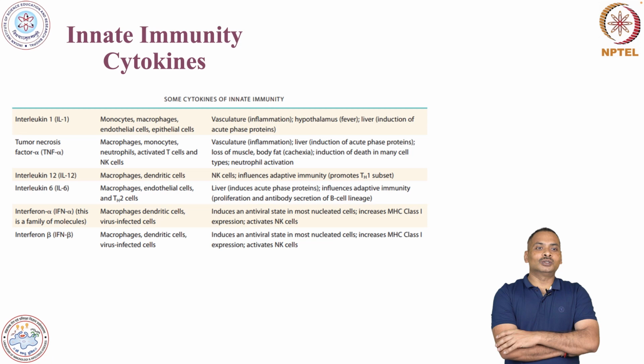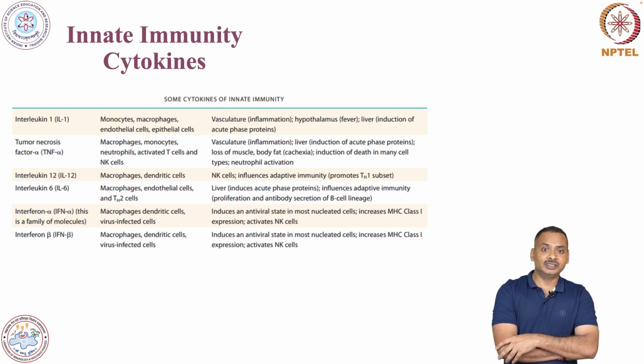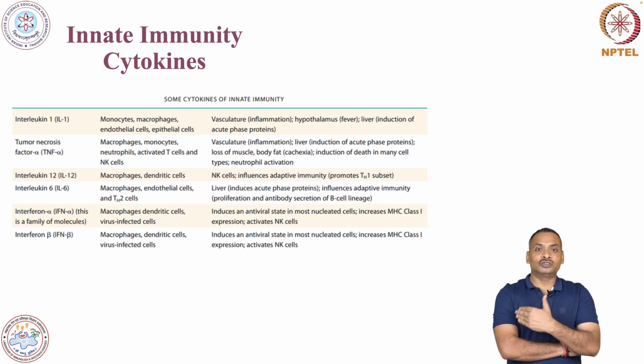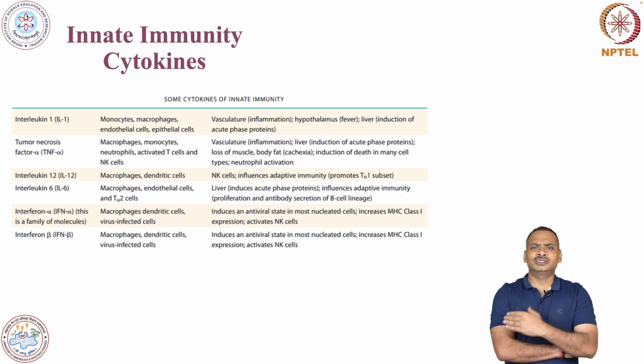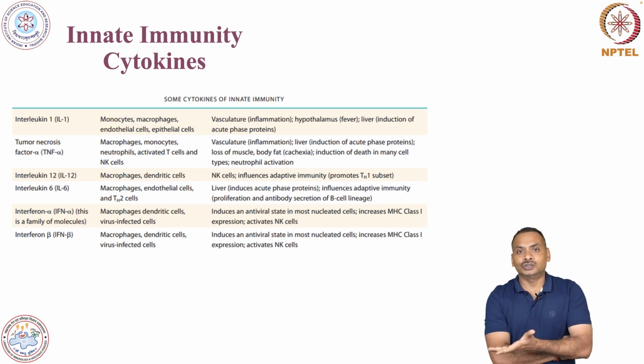They basically induce inflammation. They can also be responsible for the development of fever in the individual, and they will also act on the liver in order to synthesize the acute phase proteins, which will cause the acute phase response.